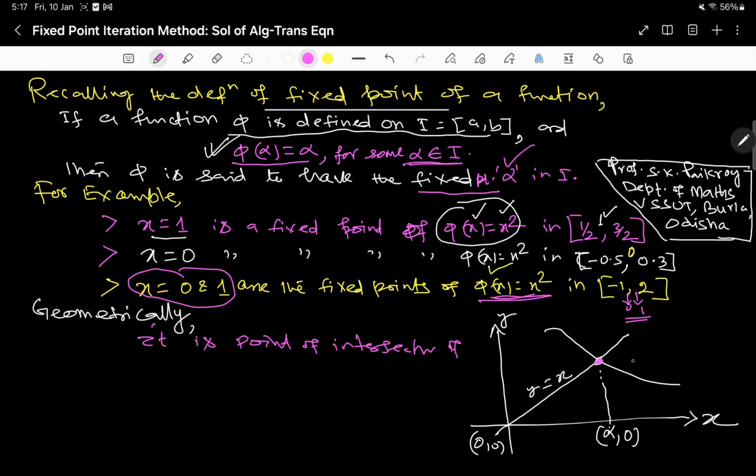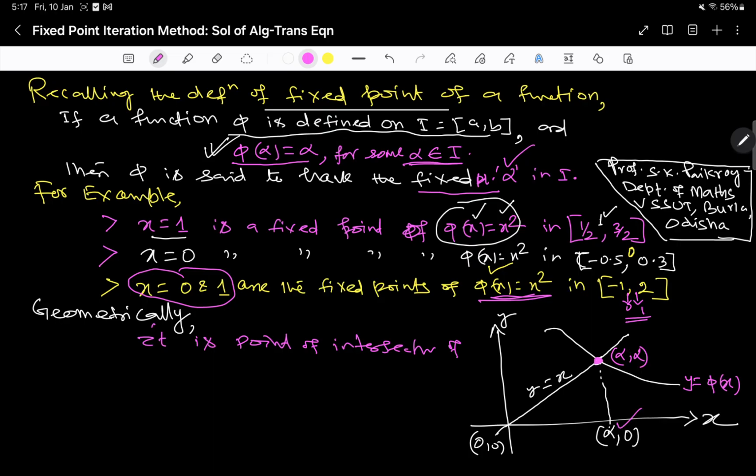This curve is my y is equal to phi x curve. So now this is the point of intersection of the curve y is equal to phi x and the line y is equal to x. At this point the coordinate is alpha and alpha. So this alpha is the fixed point here.